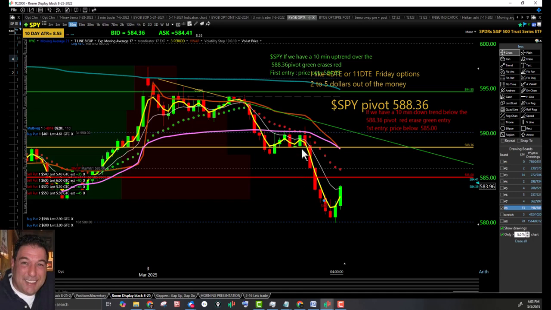Okay, price came down under the pivot. You could have played the red erases green right here at the pivot. You had red erases green.